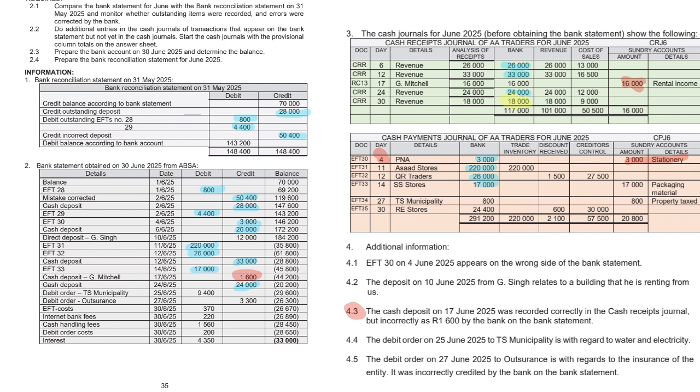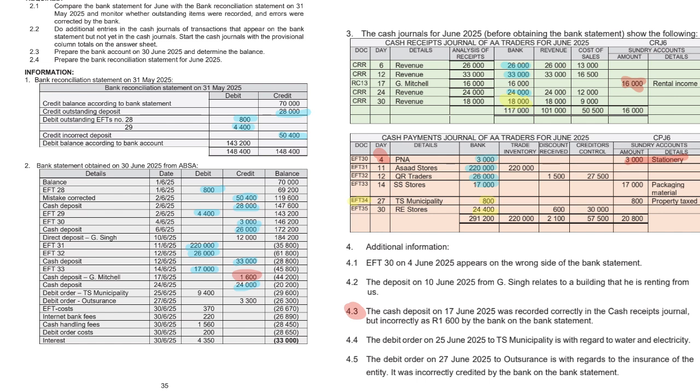Then on the 27th, an EFT of 800. Do you see that on your bank statement? No, I don't, so take yellow. This has not been recorded, so highlight EFT 134. And do you see EFT 135 on your bank statement for 24,400? No, I don't. So highlight that.